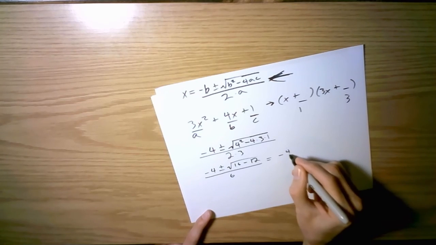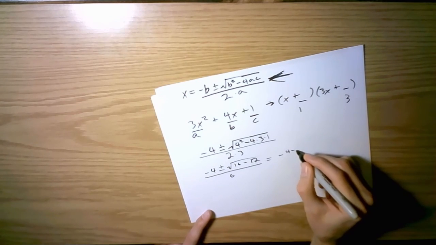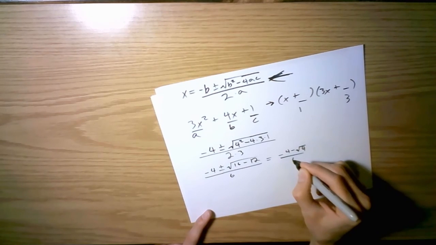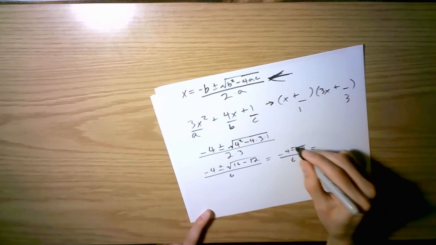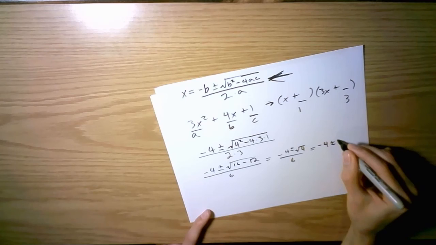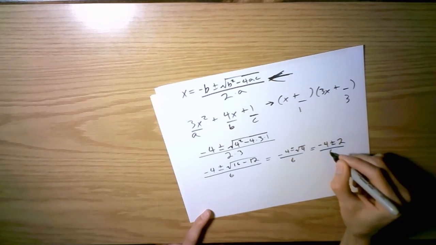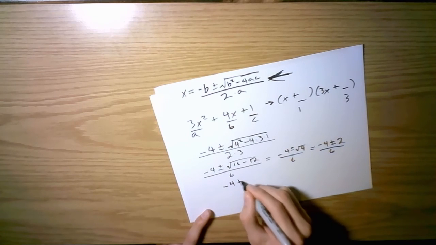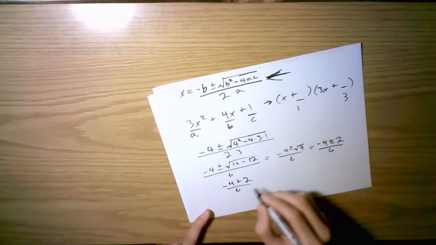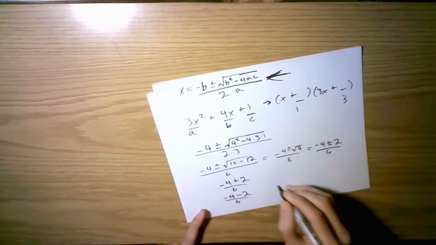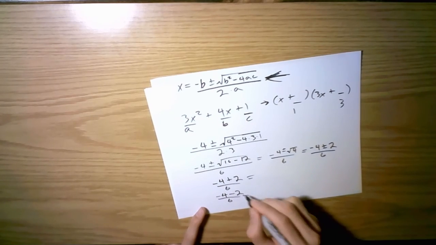Negative 4 plus or minus the square root of 4, over 6, equals negative 4 plus or minus 2 over 6. So we got negative 4 plus 2 over 6 and negative 4 minus 2 over 6. These are both answers to our equation.